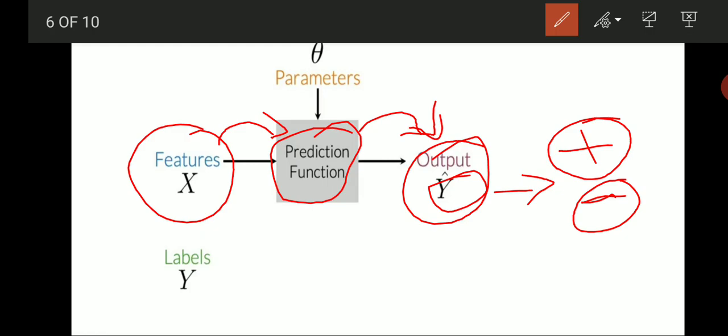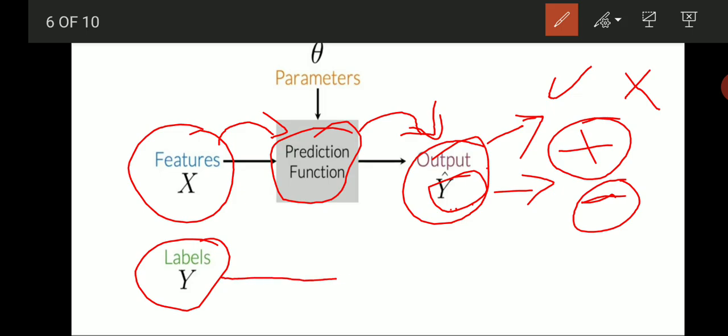Okay, so what is the difference between the Y label or actual output and Y predicted or Y hat? The difference is that this one we predicted. Okay, so it may be right or maybe wrong. How do we know whether it is right or wrong?